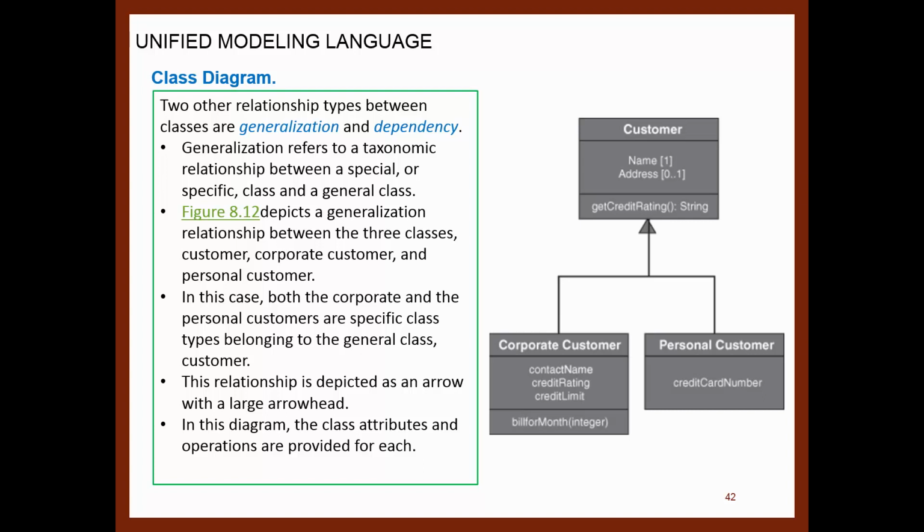In this case, both the corporate and the personal customers are specific class types belonging to the general class customer. This relationship is depicted as an arrow with a large arrowhead. In this diagram, the class attributes and operations are provided for each.